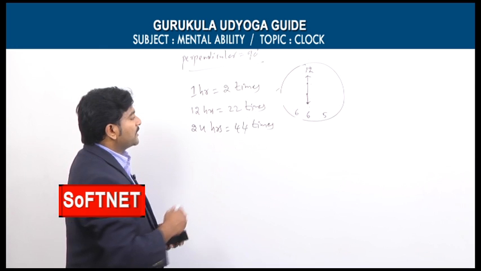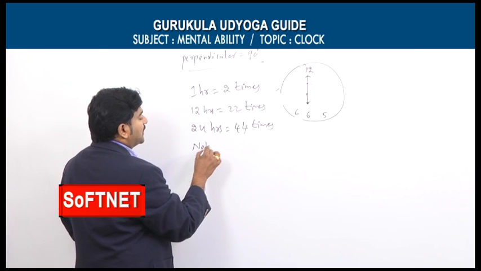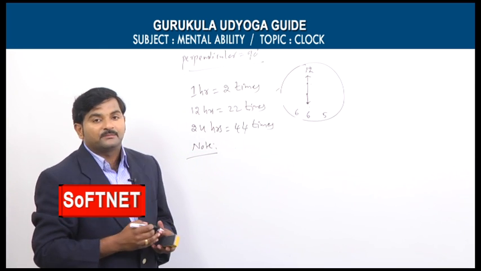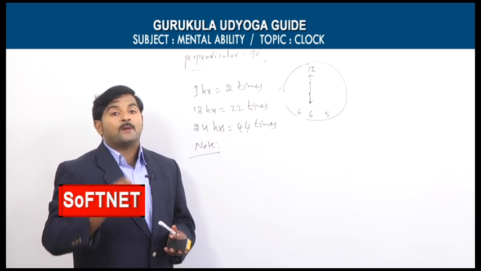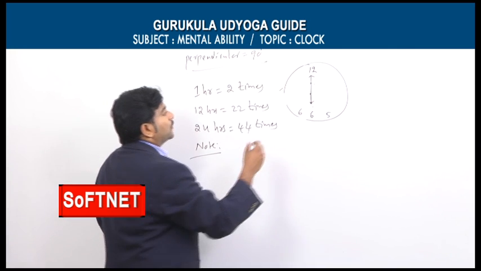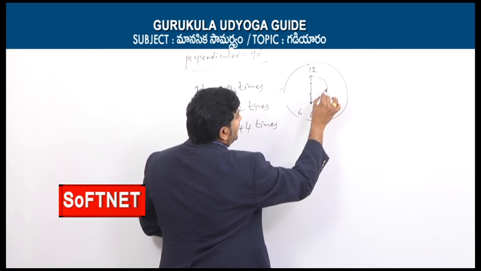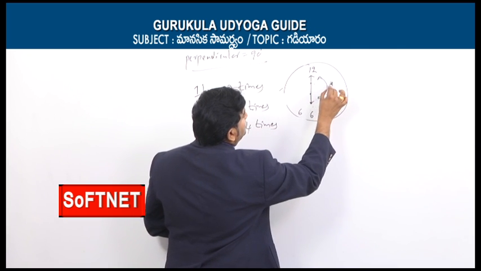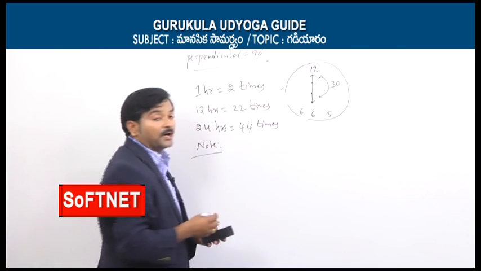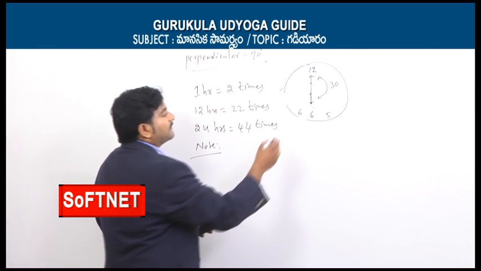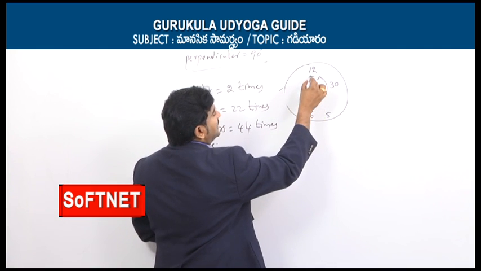And one more important point I forgot to say here: when 2 hands are opposite to each other, these 2 hands are 30 minute spaces apart. What does it mean? The hour hand is at 6 o'clock, the minute hand is at 12 o'clock.